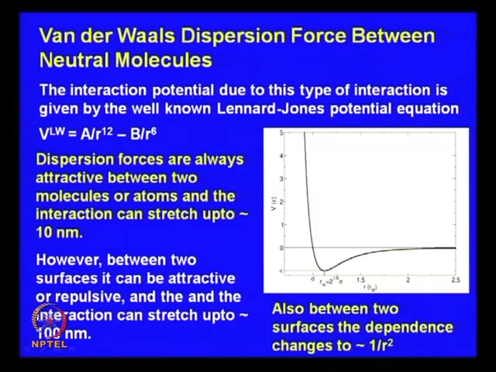The interaction potential due to this type of induced dipole interaction is probably one of the simplest ways for our context to describe it, based on the Lennard-Jones potential, where V_LW can be regarded, LW refers to the Lifshitz van der Waals forces or the London dispersion forces, which also represent these induced dipole type of interaction, best represented in the form of A by r to the power 12 minus B by r to the power 6. Now, it is important to note that this induced dipole related attraction is actually taken care of by the second term.